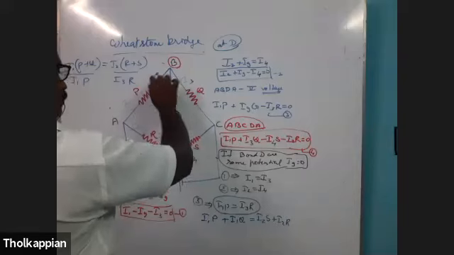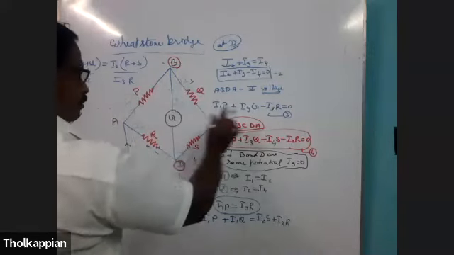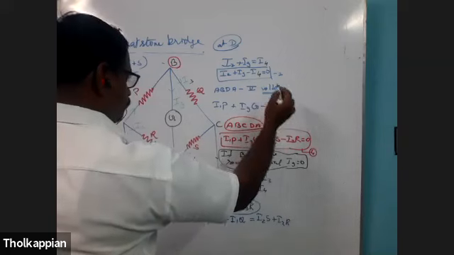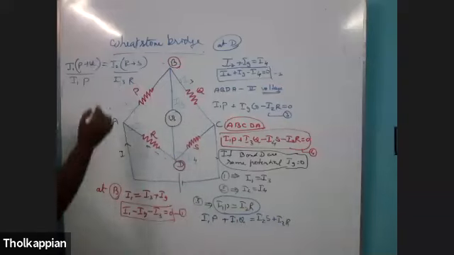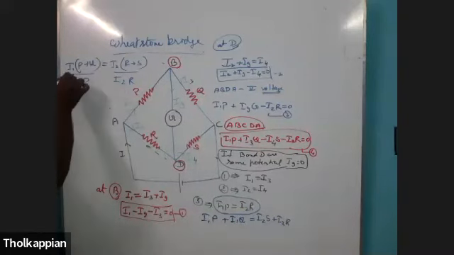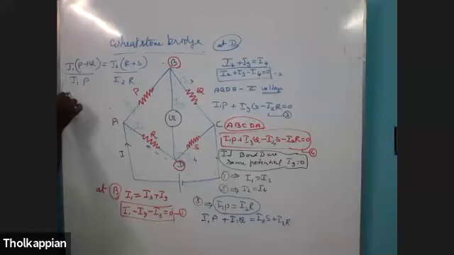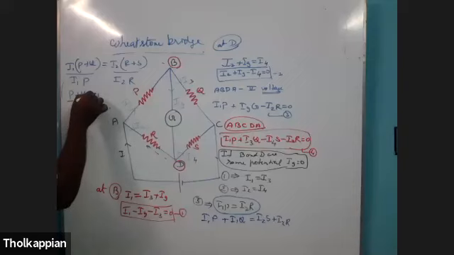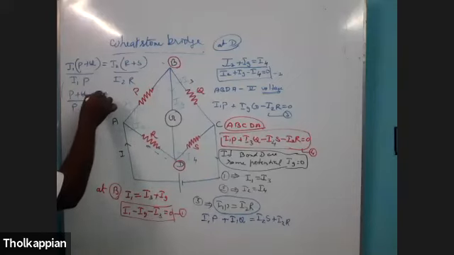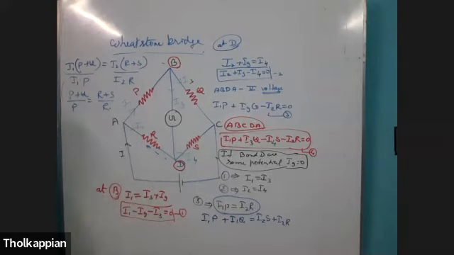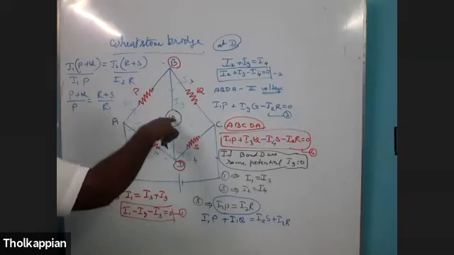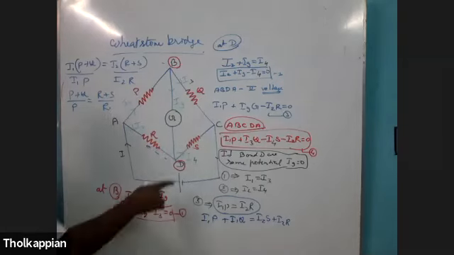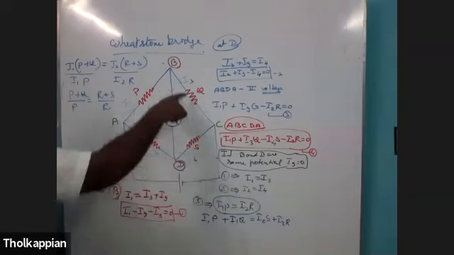Sorry, this is I2R only, not I3. This is I2R only. So cancel this I1 and I1. Here the value is P plus Q by P is equal to I2, I1 gets cancelled, R plus S by R. Here there is no change. In this cycle, I1P minus I2R, we changed here only. That's all.